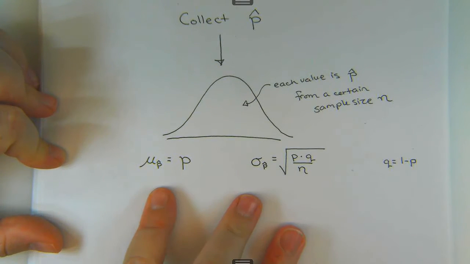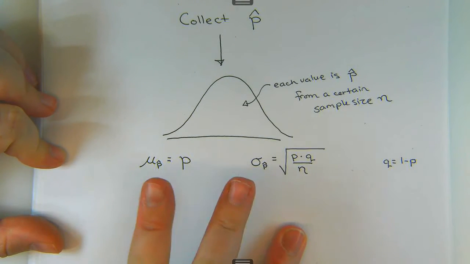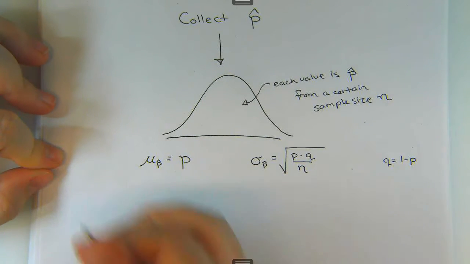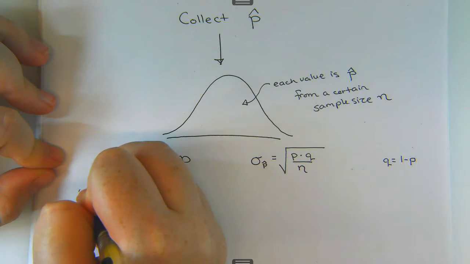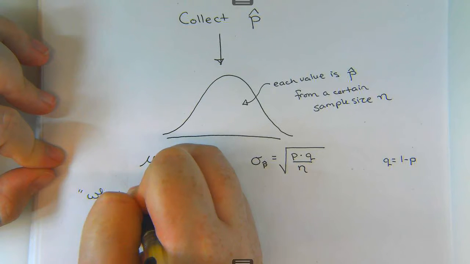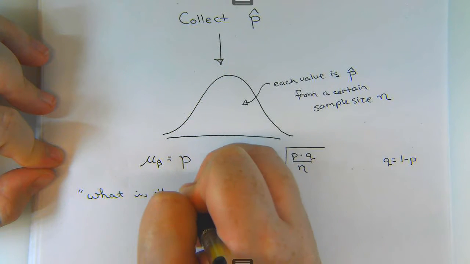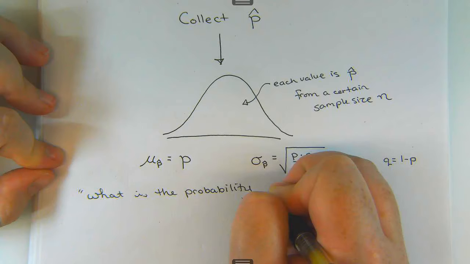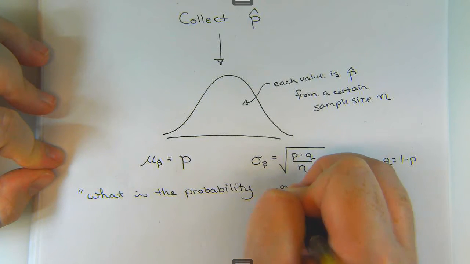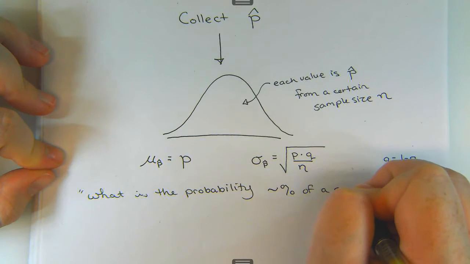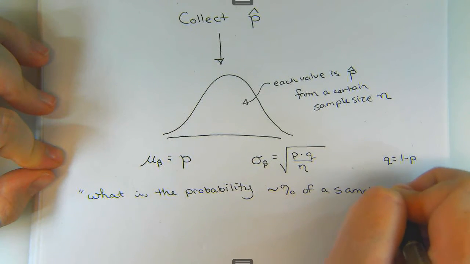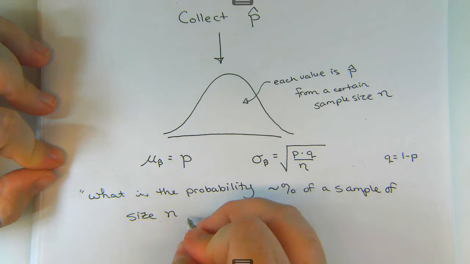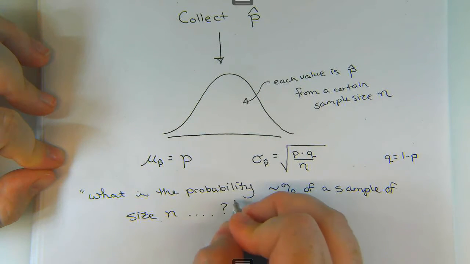This describes our bell-shaped curve, so now we can start answering questions about probability and cutoff points. What's often going to come through in the wording is looking for the probability that some percentage of a sample of size n has some behavior.